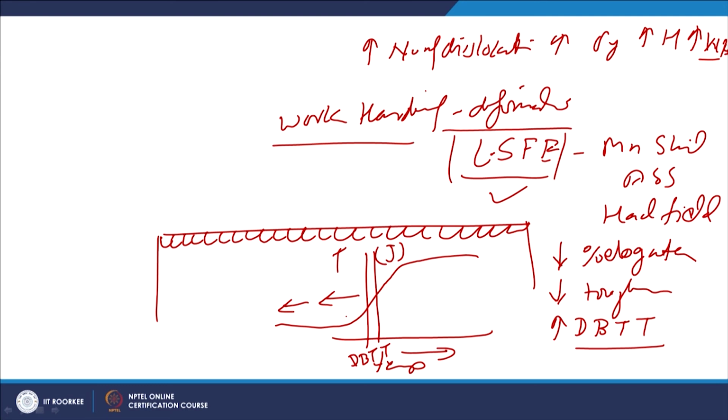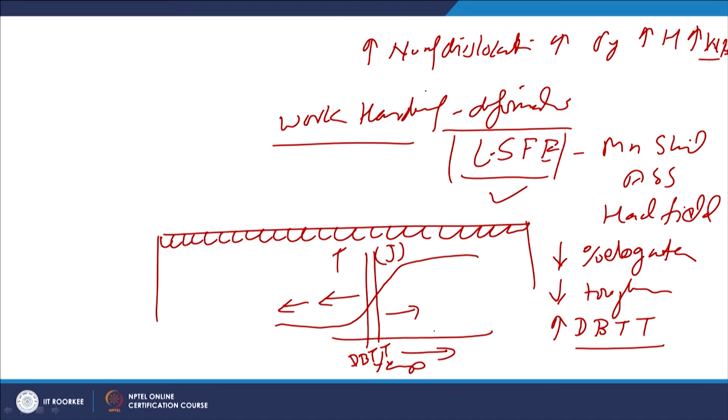So that the drop in toughness does not take place during the service temperature conditions. If the DBTT, that is the ductile to brittle transition temperature, is at a higher temperature, then there is a very large possibility that the material will come across temperatures below the ductile to brittle transition temperature.